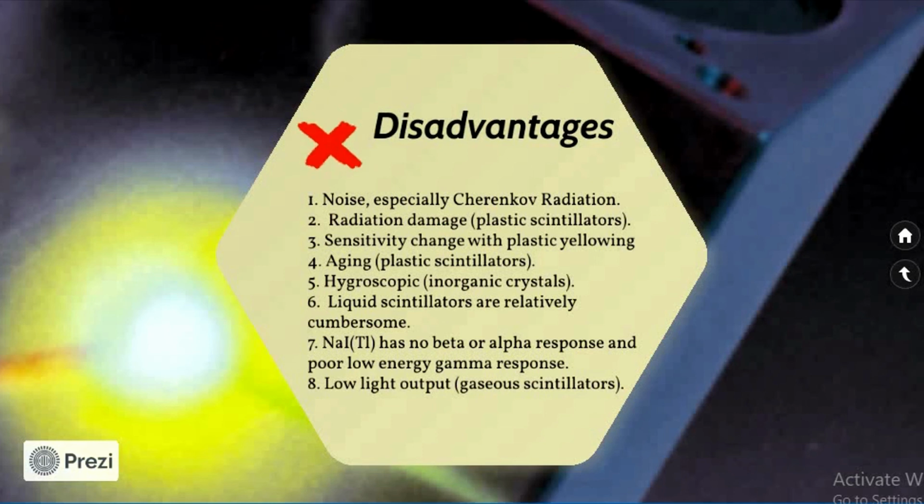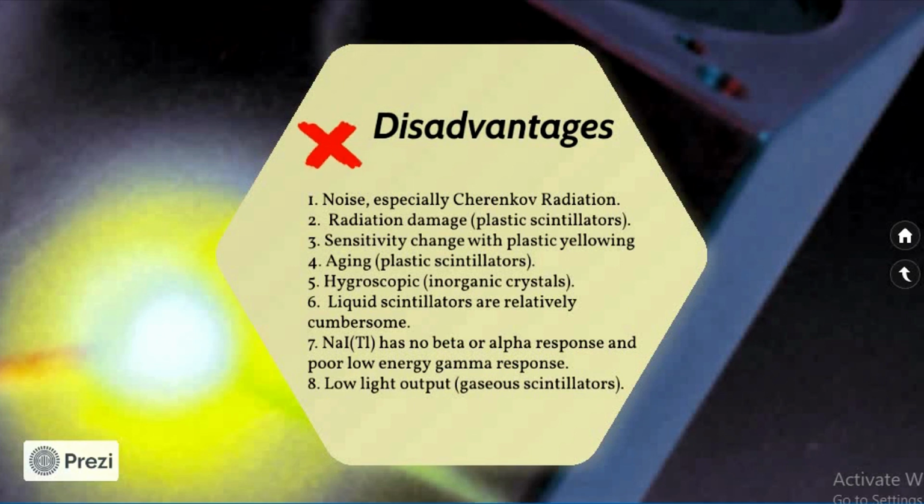Another disadvantage is radiation damage, which is defined as changes in scintillation characteristics caused by prolonged exposure to intense radiation. This manifests itself by a decrease of the optical transmission of a crystal, which causes a decrease in pulse height and deterioration of the energy resolution of the detector.